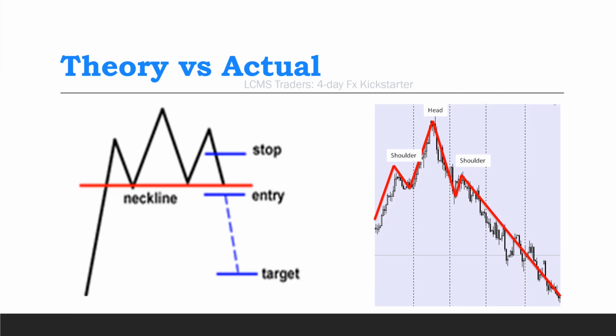Necklines can be slightly diagonal. Shoulders are not always equal height. Shoulders also can be slightly skewed. So with that, you actually need to know how to draw your neckline, how to identify a proper head and shoulder, and also the key points of where to put in your entry point, your stop loss, and your take profits.